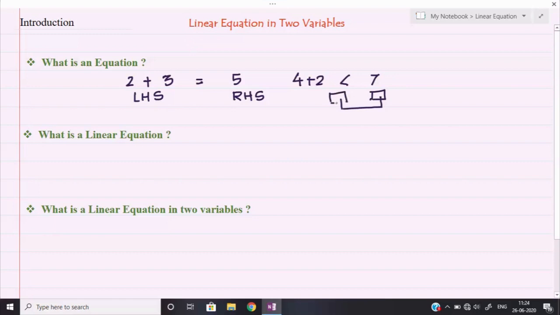Suppose he already kept a weight of 1 kg, and then on the other side he puts sugar, and when the sugar becomes exactly equal to 1 kilogram, he packs and gives it to you. So we can say that here the sugar and the weight are forming an equation. When both are exactly equal, we can say that yes, they are forming the equation. When the quantity of sugar is lesser than the weight, they are forming an inequality.